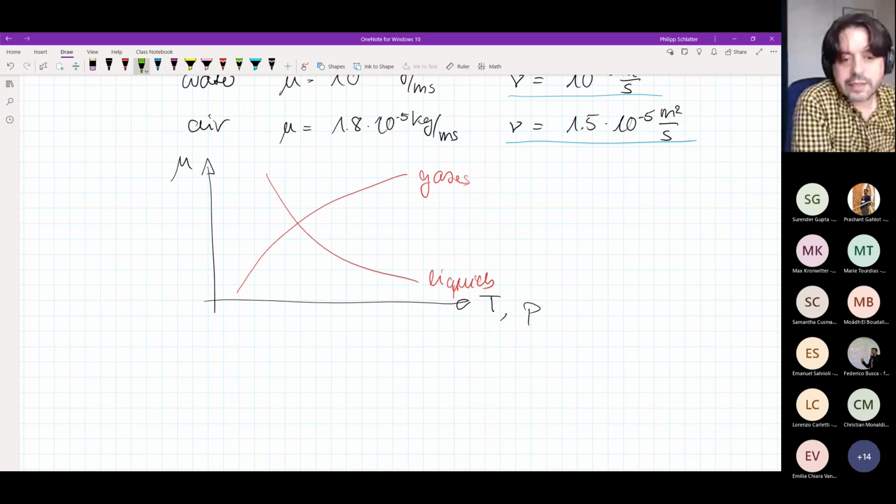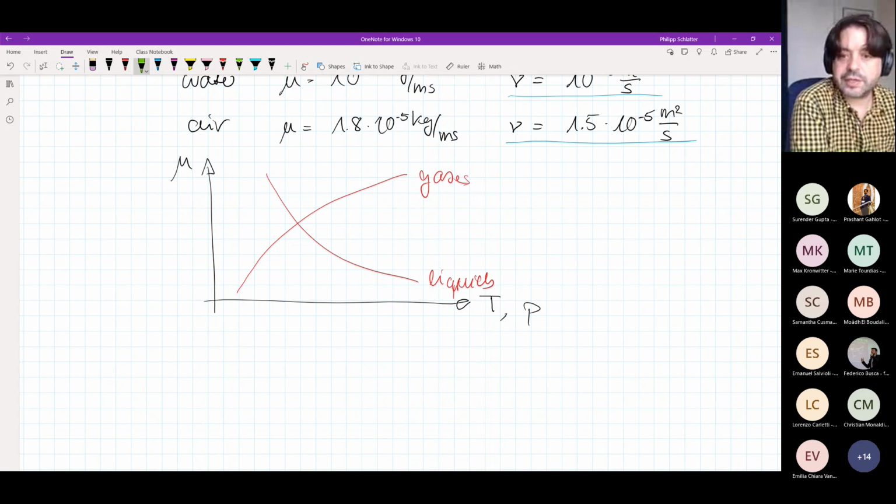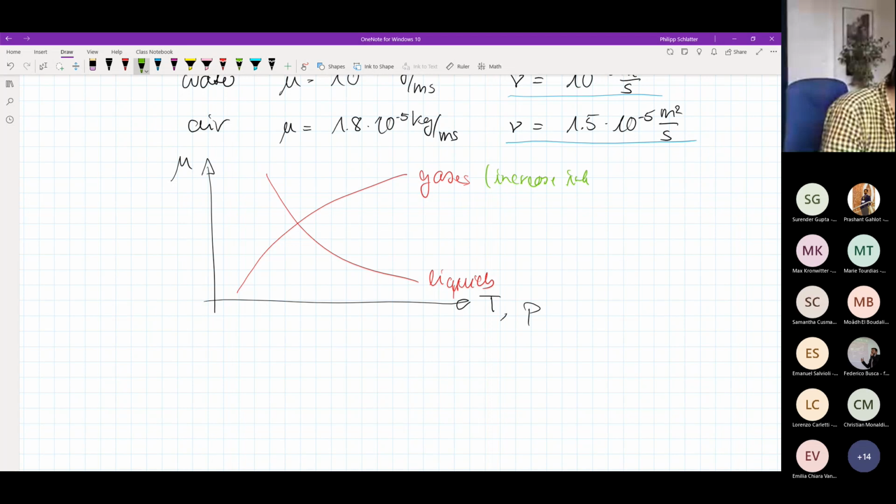That means that the internal friction from this larger motion would lead to an increased viscosity. With gases, where all the molecules are flying around anyway, higher temperature increases the internal friction as the cause for this increase.